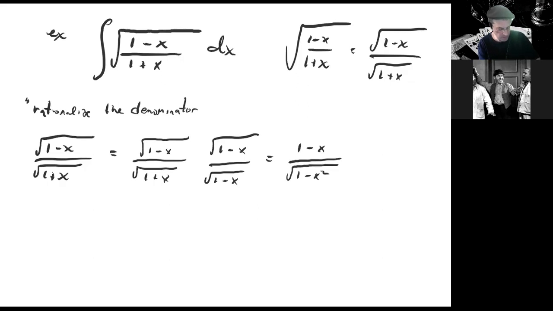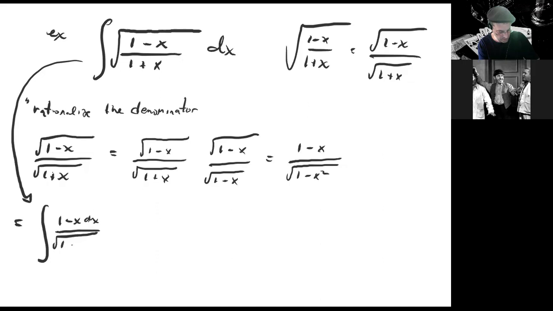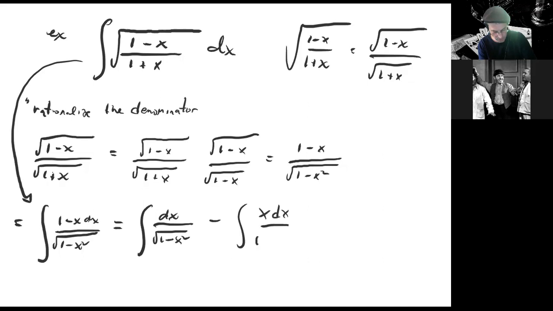So therefore the integral becomes the integral of 1 minus x dx over the square root of 1 minus x squared. I'm going to break it up into two different fractions: 1 over the square root of 1 minus x squared, and the other piece is minus x dx over the square root of 1 minus x squared.